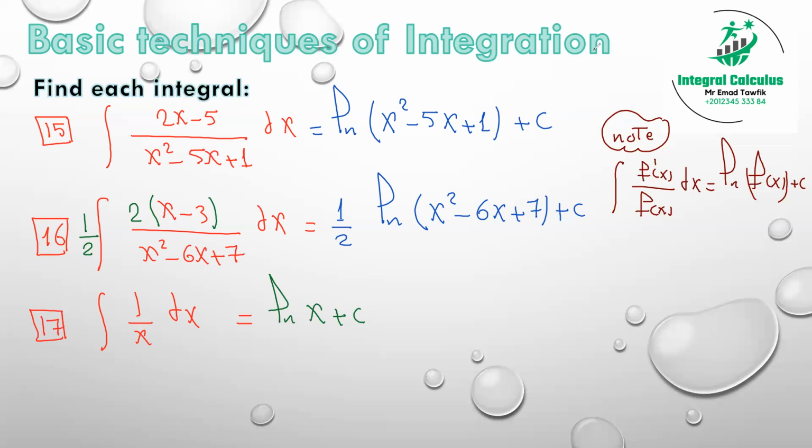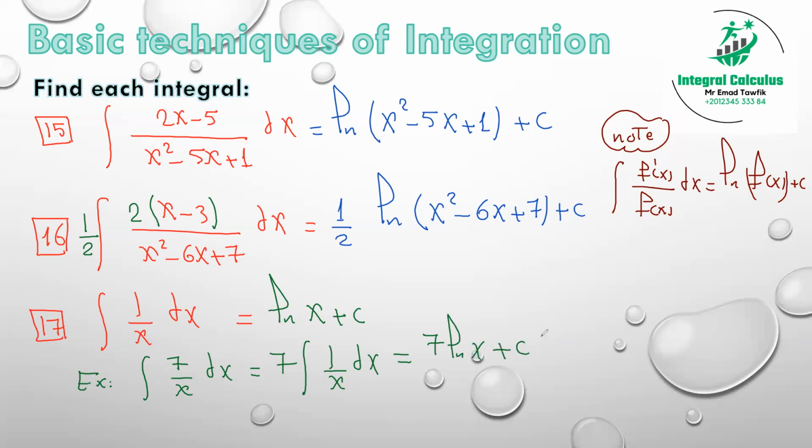But if I ask you to integrate 7 over x, dx, any constant can be separated out of the integration, so it is written as 7 multiplied by the integration of 1 over x, dx, which is 7 ln x plus c.